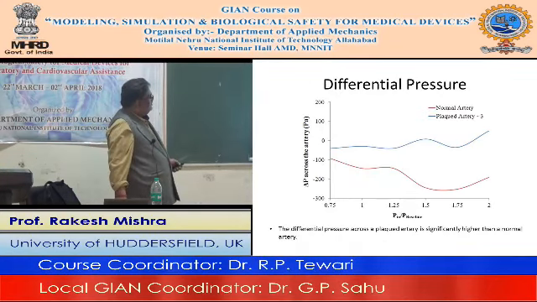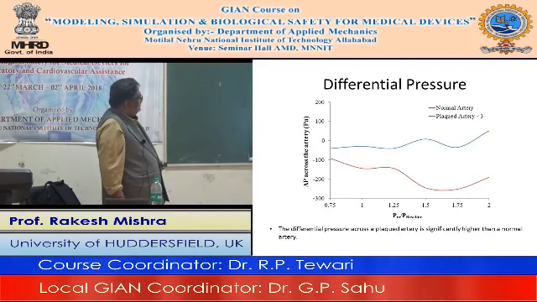Now this was the normal artery, and this is the plagued artery. As you can see, pressure is decreasing in the normal artery. In the plagued artery it has changed. Earlier, when we had the normal artery and the stented artery, we got this type of behavior for the normal stented artery.